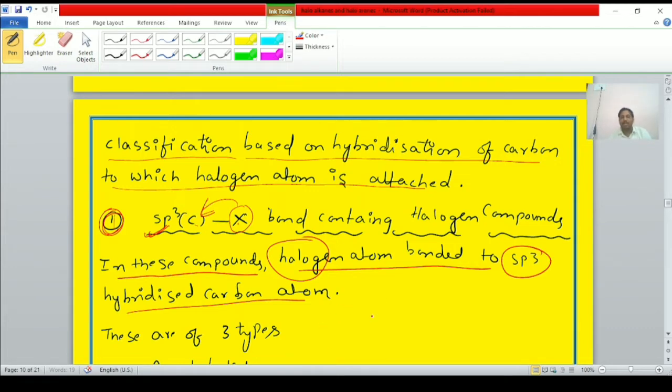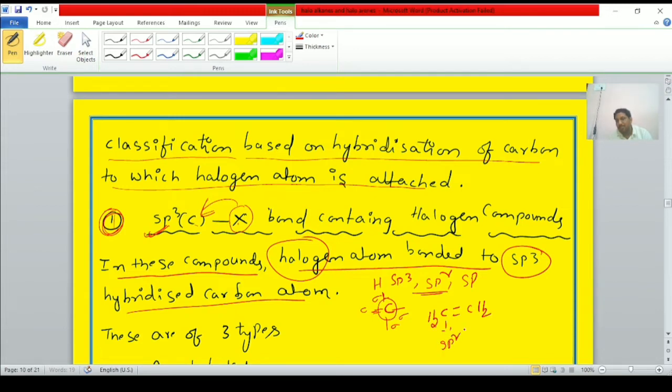Here, students, how can you identify whether the given carbon atom is sp3, sp2 or sp hybridized? Very easy, simple, students. I'll give one technique. Whenever the carbon atom is bonded with only four sigma bonds, it is sp3 hybridization.